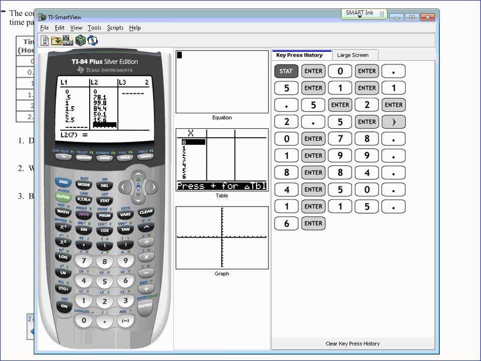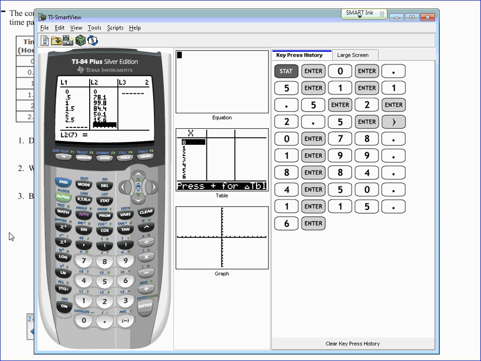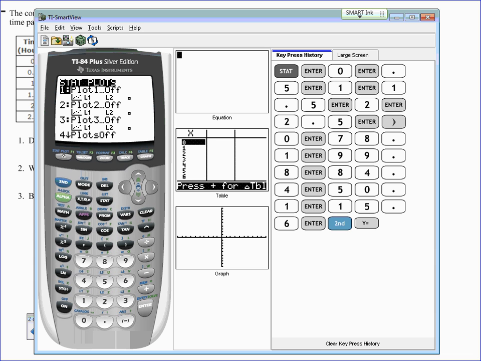And the first question is, does the data appear to be linear, quadratic, or exponential? So in order to do that, we're going to have to look at the scatter plot of the data. We will go ahead and turn the stat plot on.